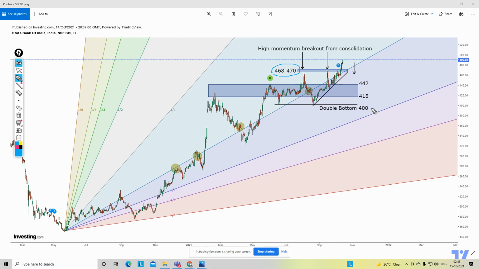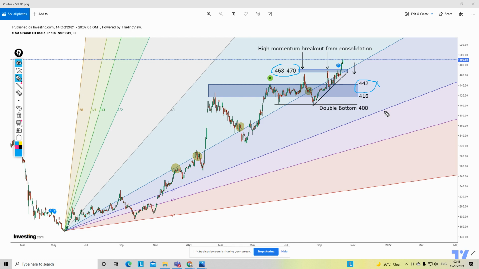So this was my analysis on SBI. I hope I'm clear, and this video is more for the people who want to invest for a long term in SBI, and for a short term also we have a few levels. The levels will be for investors also, and levels are valid for the traders also.